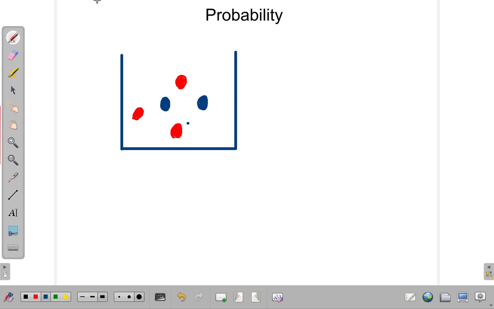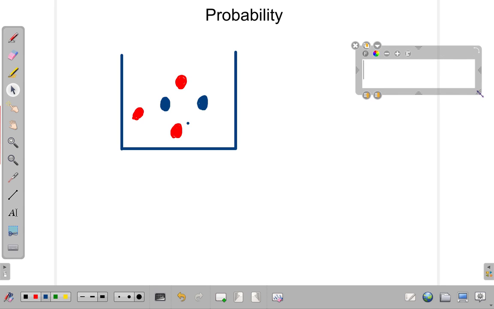Now, I use the word randomly. What does that mean? The term random means without your control or input, you're not able to accurately predict something that is random, an event that is random.